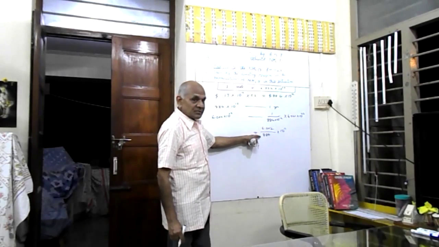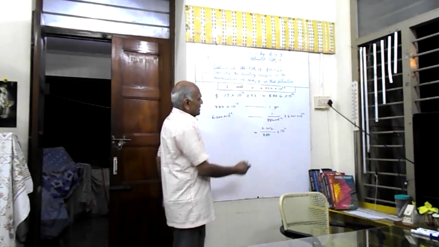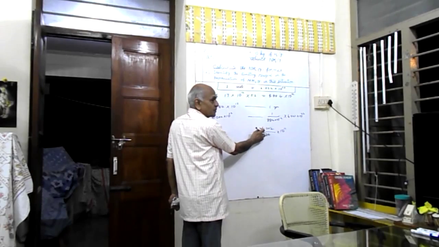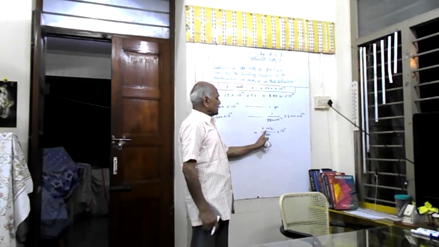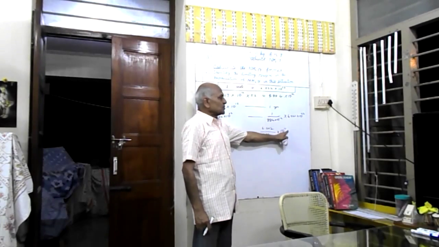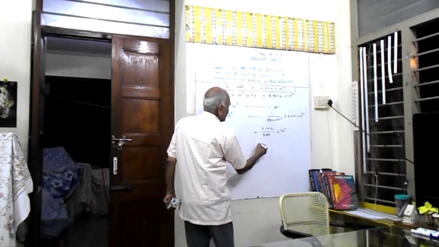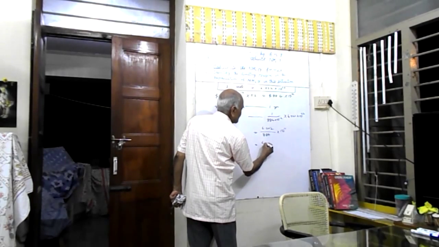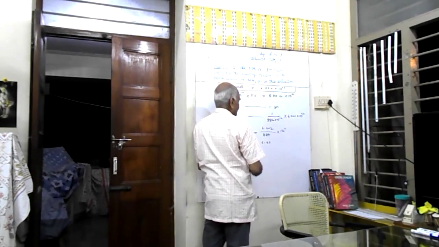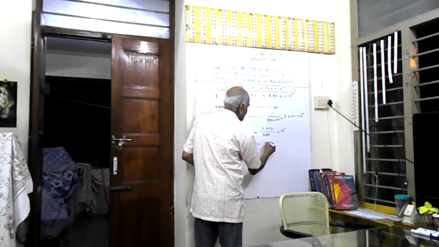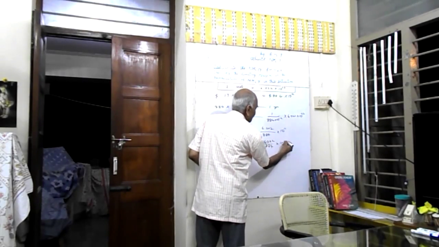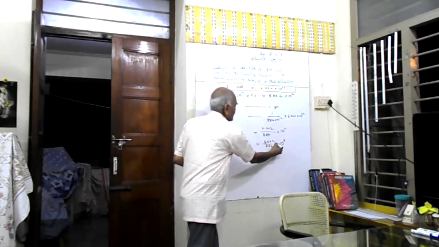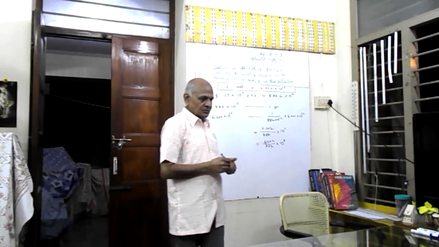To make this problem easier, let us multiply this by 1000 and divide this by 1000. That is, we are going to shift 3 digits to the right and we will reduce 3 here. Then it will become 6.022 by 884 times 10 to the power of 8. To find the answer, we shall use a calculator.